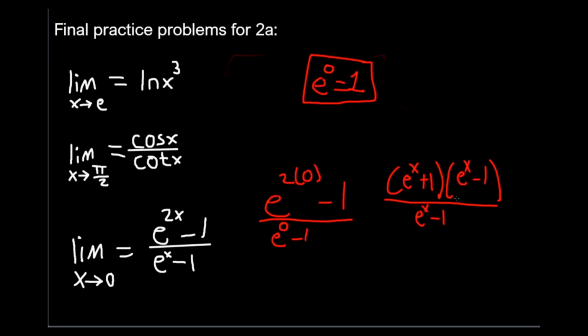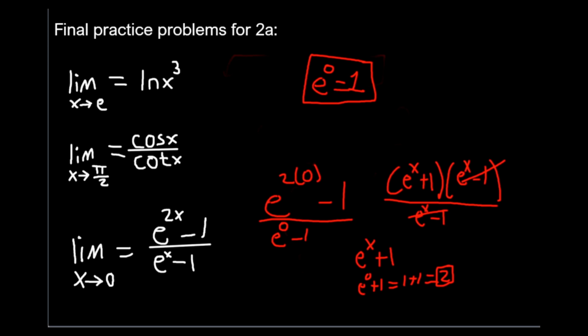The goal with rewriting is you want it to be the same as the denominator to try and cancel it out. So since we have e to the x minus 1 on the top and the bottom, we can cancel that like that. So then now we are just left with e to the x plus 1. Plug in the zeros. E to the 0 plus 1 is equal to 1 plus 1, which gives us 2. Just like that. Okay, cool.